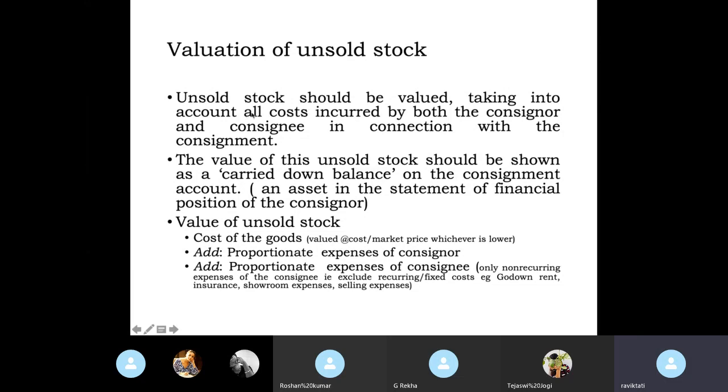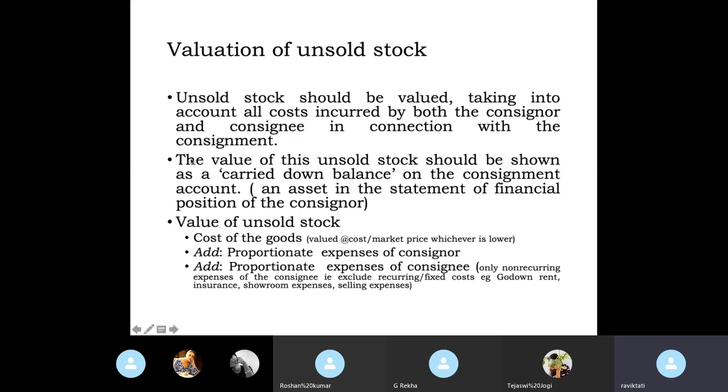It is all direct, non-recurring costs incurred by the consignor and the consignee. There is a distinction of direct and indirect in the case of consignee only, not in the case of consignor. For the consignor, all expenses are direct costs.